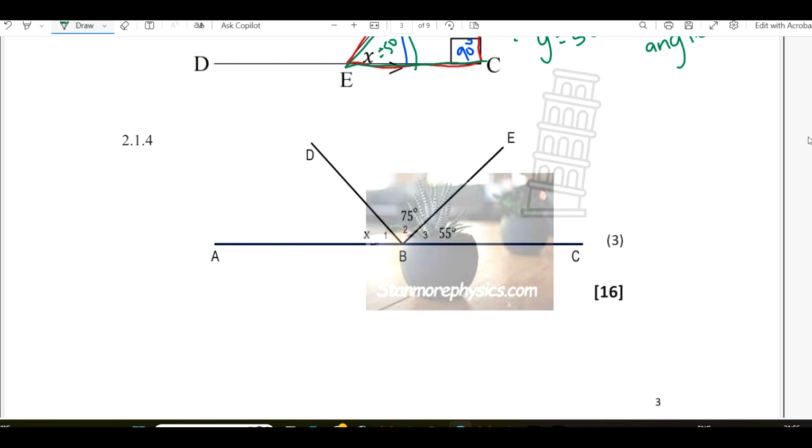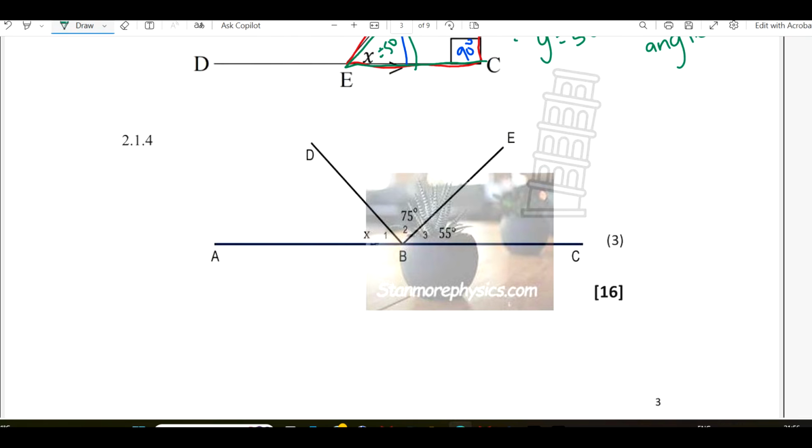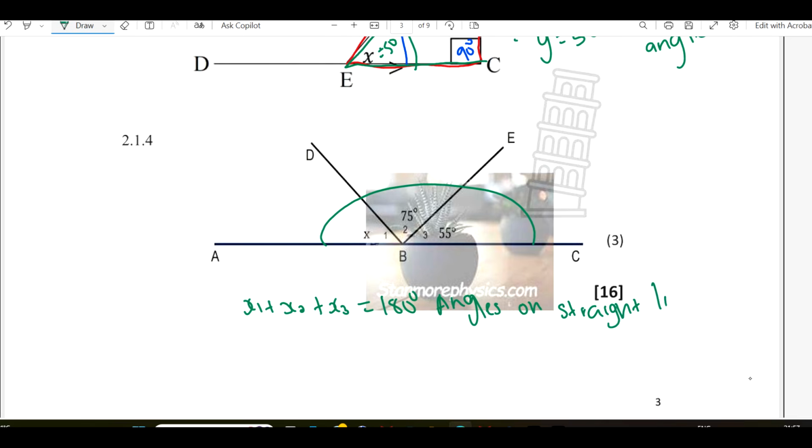Let's proceed to 2.1.4, guys. This is simple. These are angles on a straight line. X1 plus X2 plus X3 add up to 180 degrees. Reason: angles on a straight line.